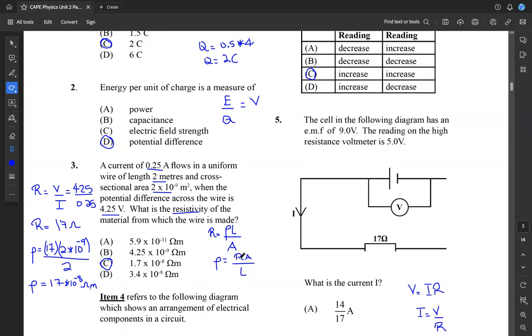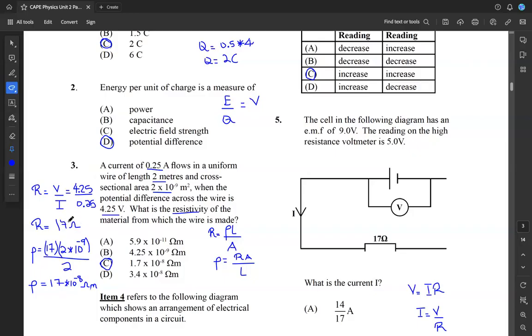They didn't give us a resistance, so we have to calculate that first from our voltage and our current. Our voltage is 4.25, our current is 0.25. So when we divide those two out, we get the resistance going through that wire, and that's 17 ohms.